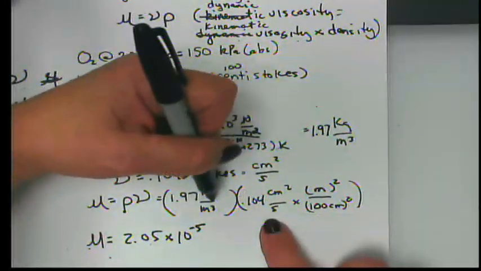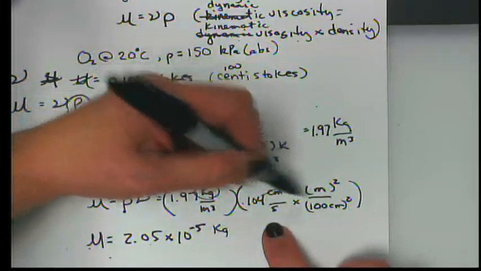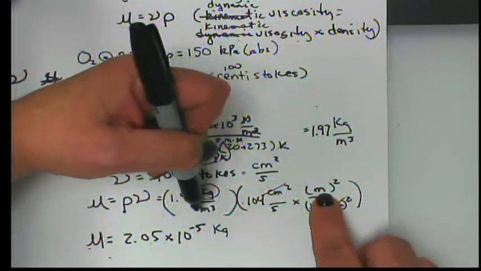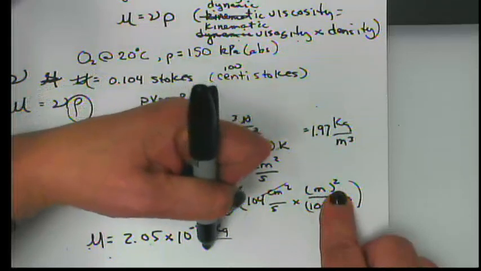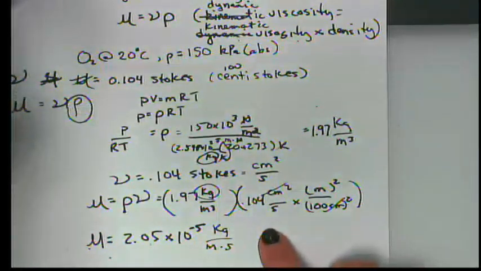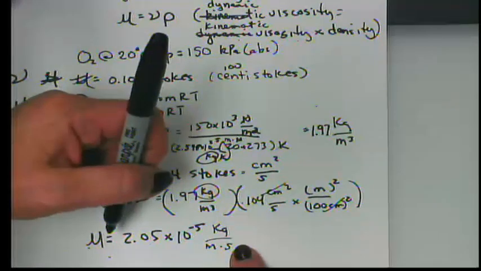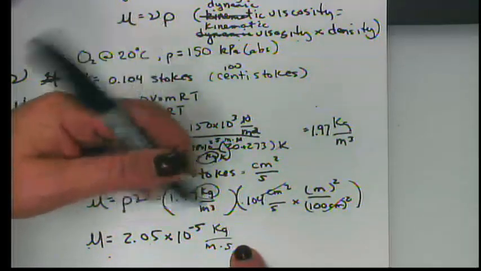And my units are going to be kilograms. So this cancels this. I have meters squared, so it's over meters seconds. So our units are kilogram meter per second. And if you refer to your book, you'll see that this is usually reported in Newton second per meter squared.